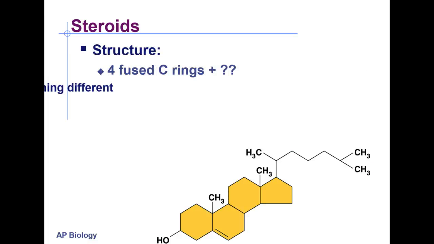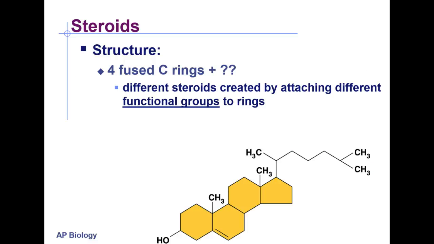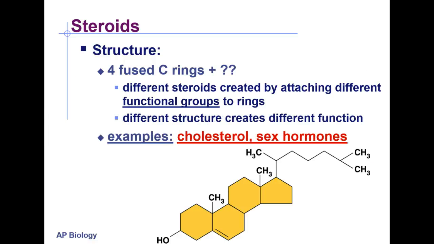Steroids are another example of fats or lipids. But what's different? They tend to form rings. Cholesterol is our most basic steroid molecule. And sex hormones like estrogen and testosterone.